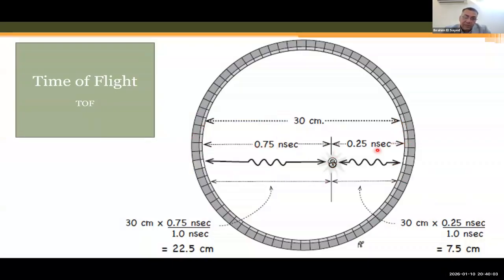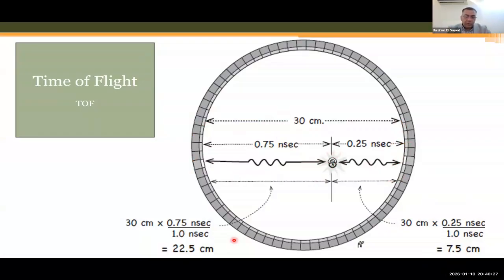So the whole difference is 1 nanosecond. This is a direct relation: 3 centimeters corresponds to 1 nanosecond, so we can calculate the distances. The distance for this one will be 7.5 centimeters, and for the other one 22.5 centimeters.